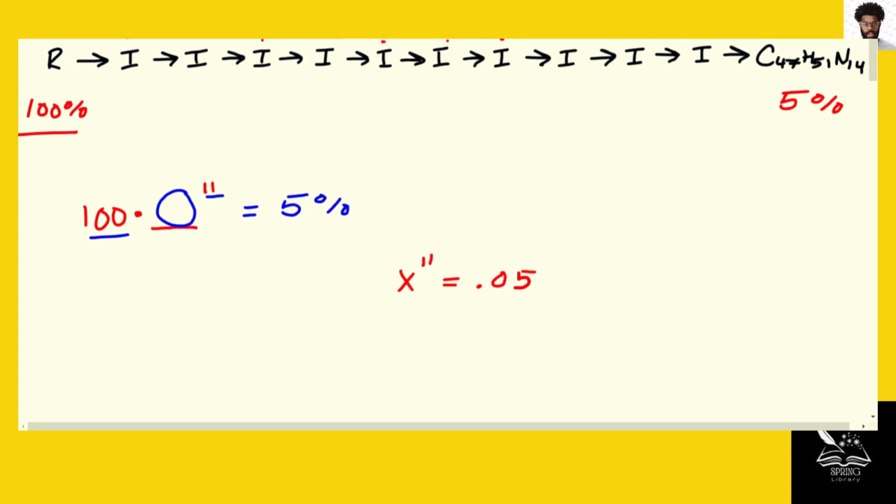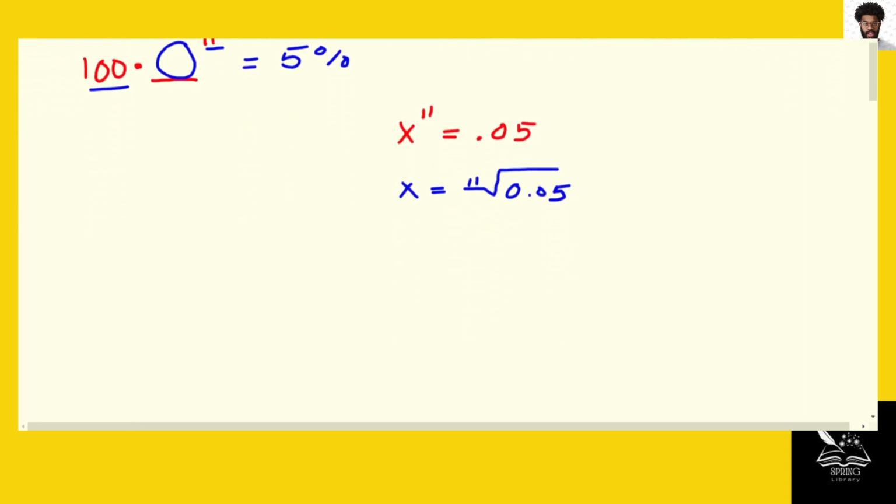So now we're left with taking the 11th root of 0.05. When we put that into our calculator, we get that x is equal to 0.762.